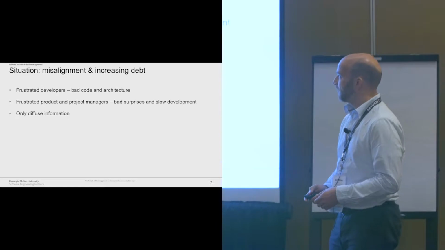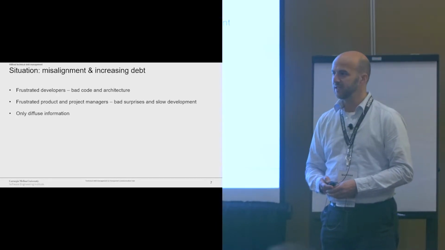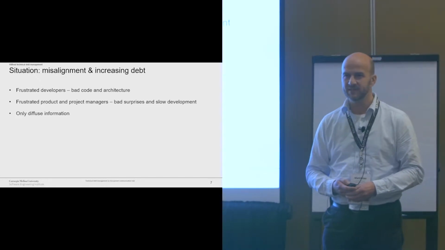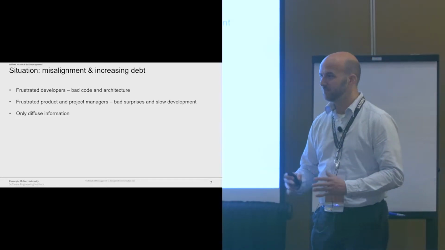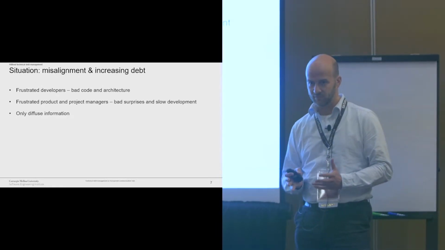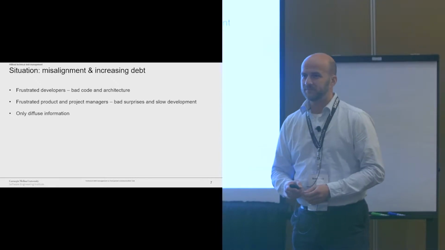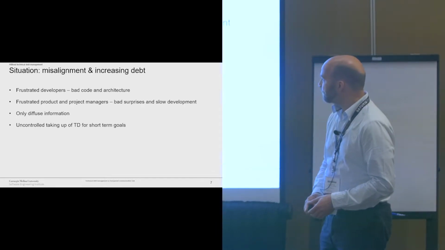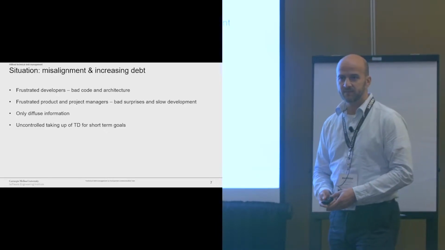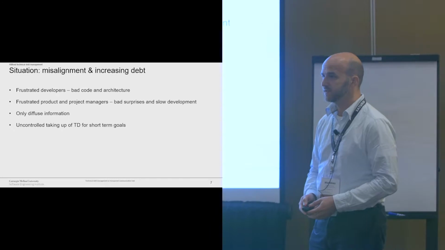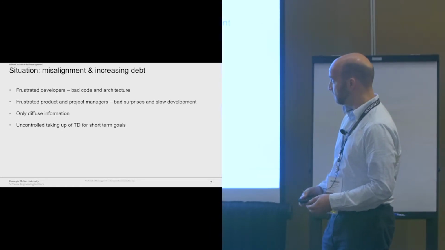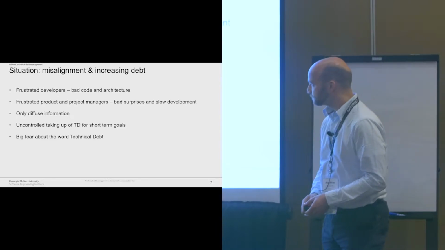And for product management, it was really hard to understand what that technical debt is. It was a big monster which costs money and we cannot really control it, but also that part of uncontrolled taking up of technical debt. So in both situations I showed you, we had technical debt for short-term goals, taken up uncontrolled.